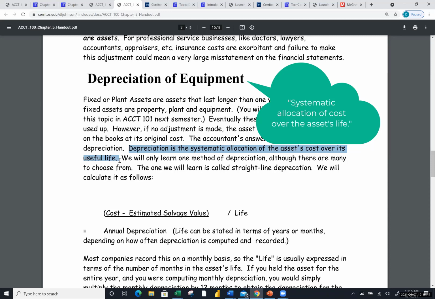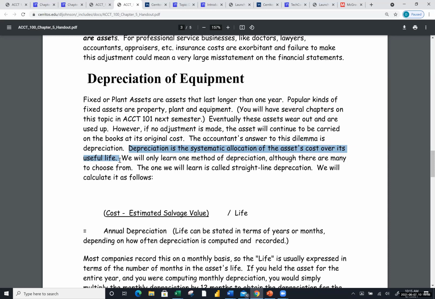So an easy example, if this is a $3,000 computer, and I think that I'm going to use it over the next 3 years, which is pretty typical with computers, then I'm going to take 3,000 divided by 3, and I'm going to write that asset down, 1,000 in the first year, 1,000 in the second year, and 1,000 in the third year. And by the time I'm no longer using the computer, all of its asset cost will have expired on the income statement.